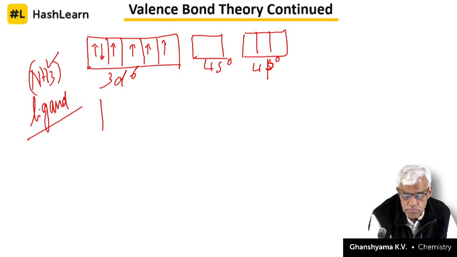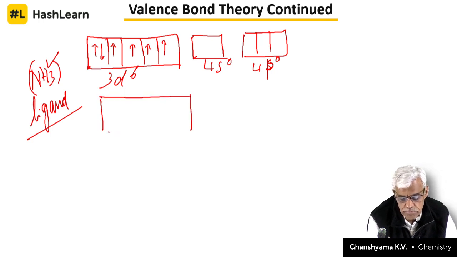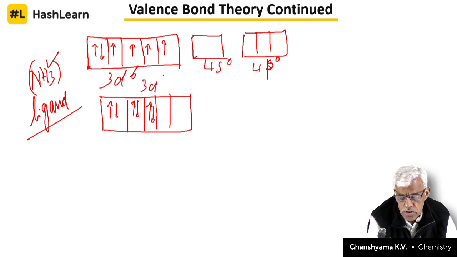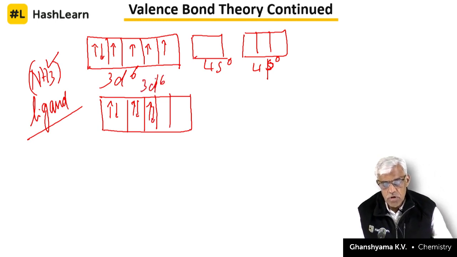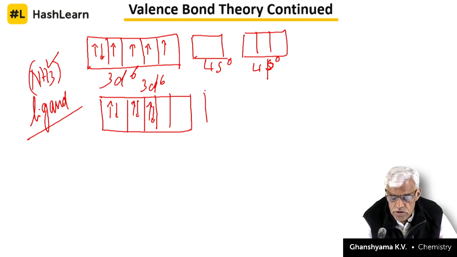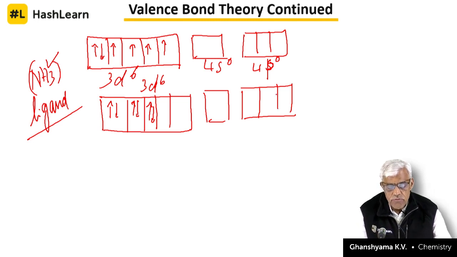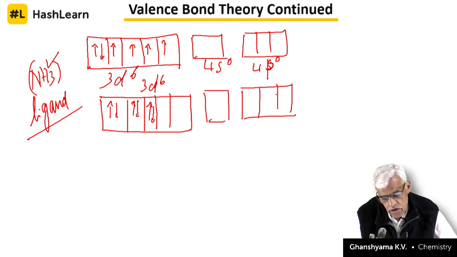The 4 unpaired electrons get paired up: 1 pair, 2 pairs and 3 pairs. In 3d6, 2 vacant orbitals are there. New 2 vacant orbitals are formed at the 3d level.